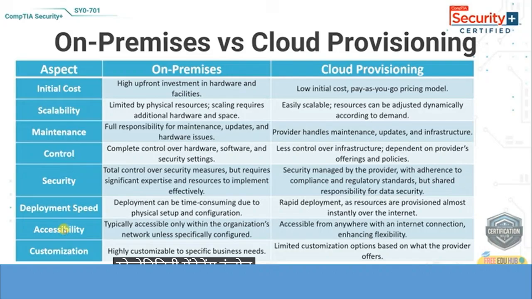Security: total control over the security measures, but it requires significant expertise and resources to implement effectively. Deployment can be time consuming due to physical setup and configuration. Accessibility: typically accessible only within the organization's network unless specifically configured. Customization: highly customizable to specific business needs.